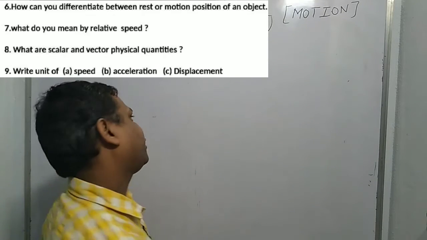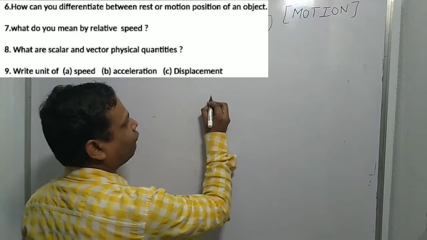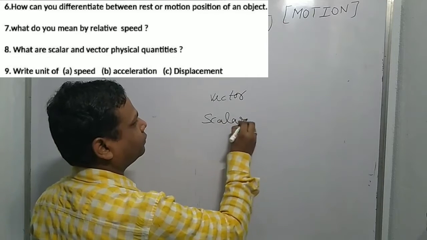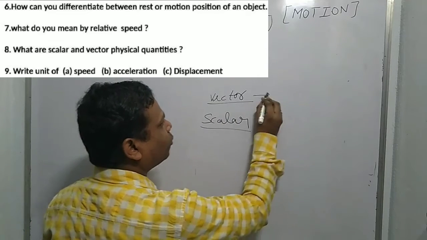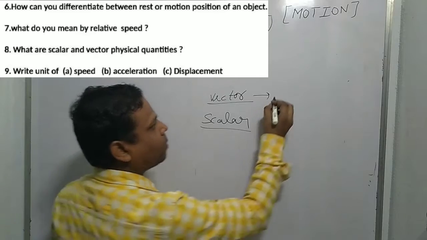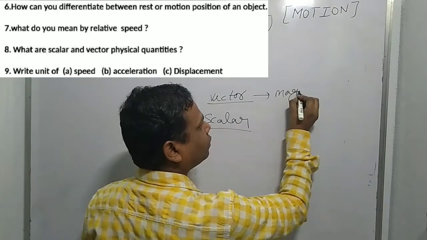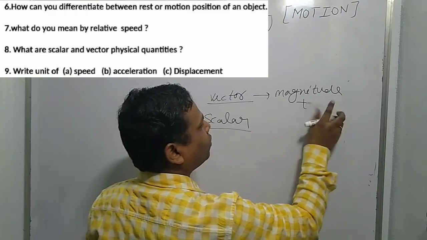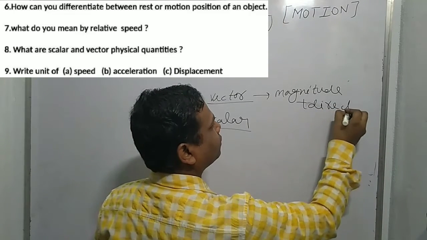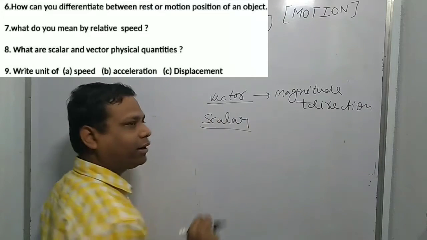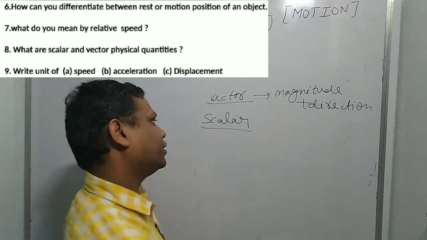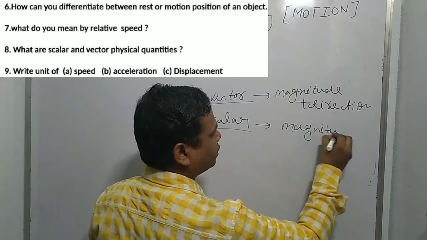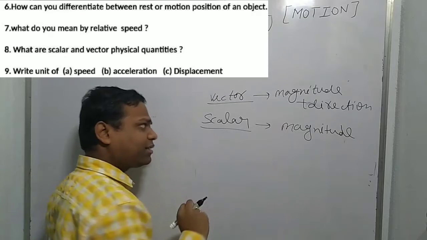What are scalar and vector physical quantities? Listen student, vector and scalar. Vector quantities are those physical quantities which need magnitude as well as direction. If a quantity needs only magnitude, not direction, then it is a scalar quantity.